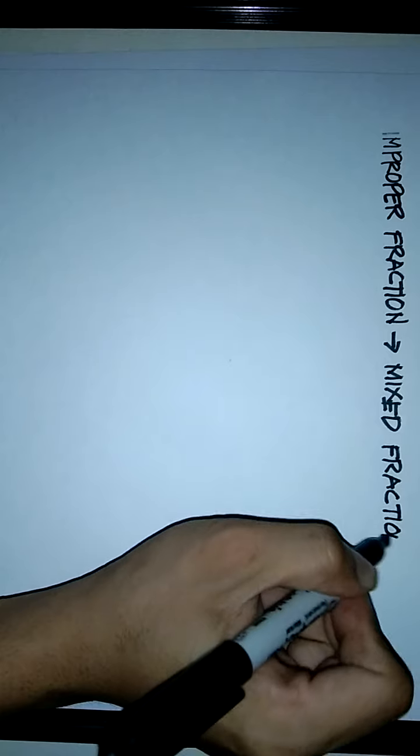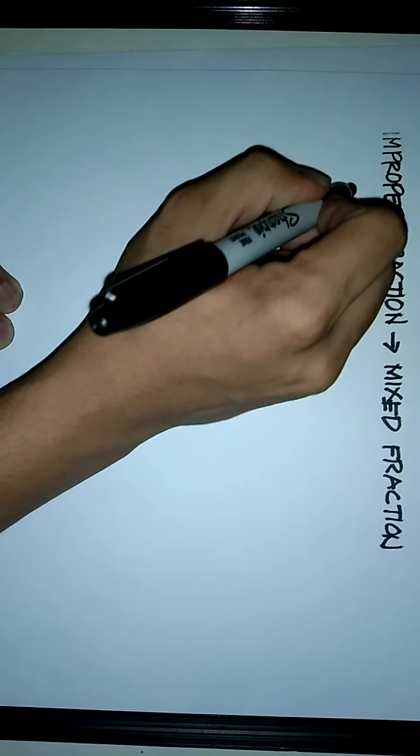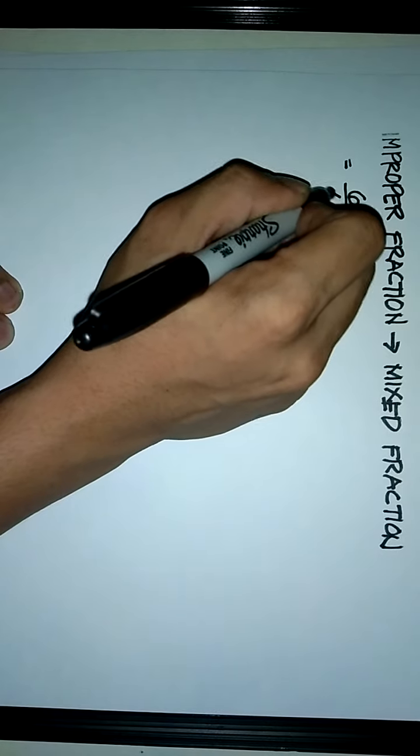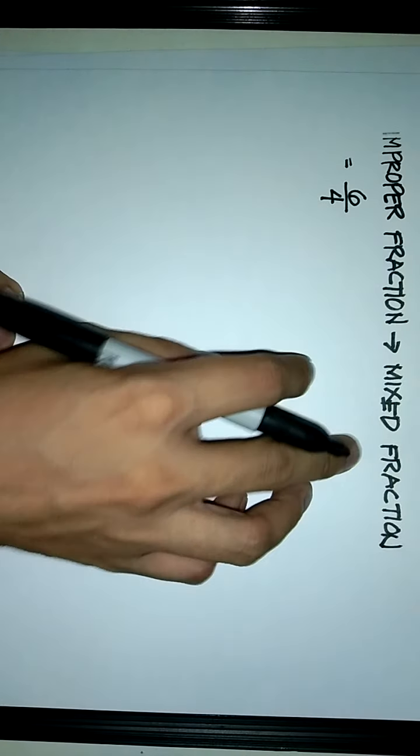So, yung improper fraction by definition, mas malaki yung kanyang numerator sa kanyang denominator. So, for example, we have 6/4. We will convert improper fraction to mixed fraction.